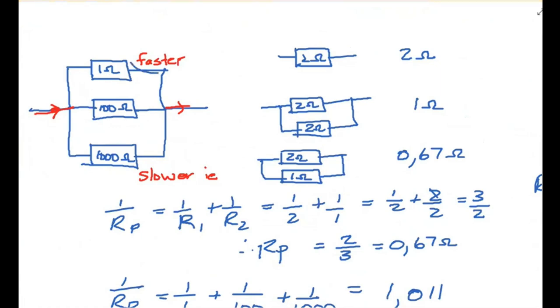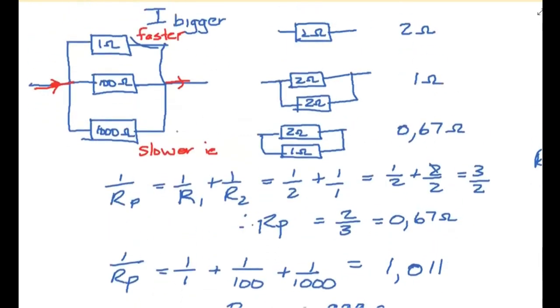If the particles can go faster through that 1 ohm resistor, that means the current is going to be bigger. Then, let's say 100 is somewhere in the middle, then the 1000 ohm, the current is going to be lower.